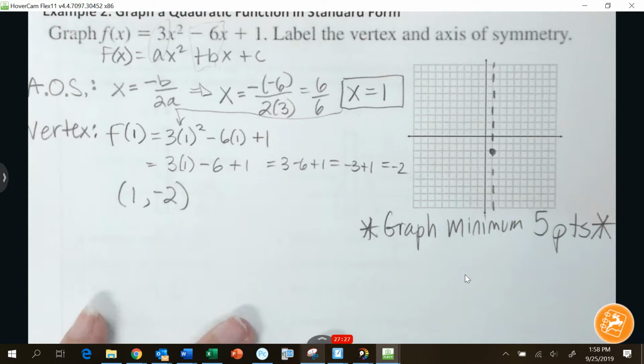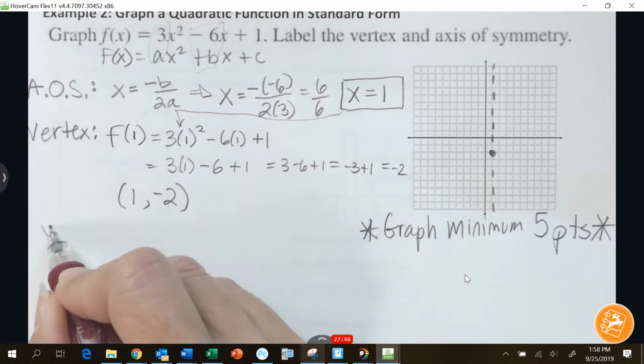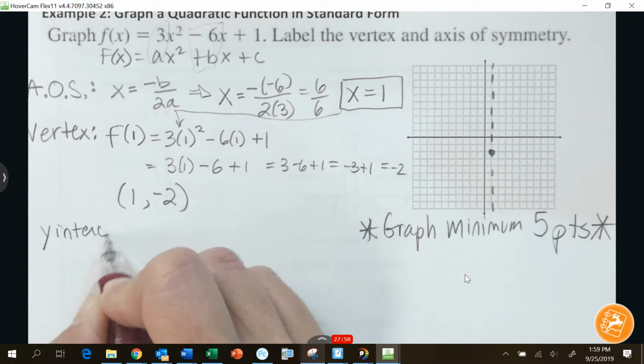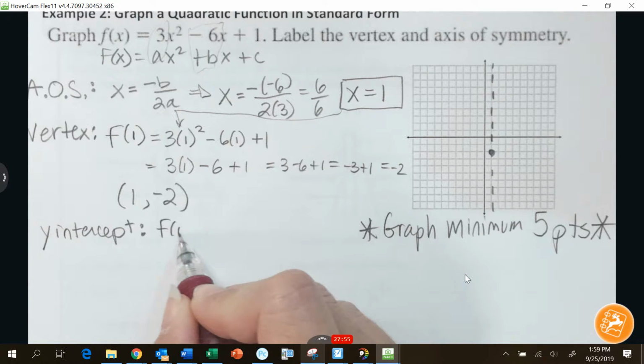Now, when you graph these, you find a minimum of 5 points so that your parabolas don't look terrible. How many points do I have? I need some more. So I would always suggest the y-intercept, and it does say how to find the y-intercept. I always suggest the y-intercept because it's really easy in this form. For the y-intercept, you plug in 0 for x.